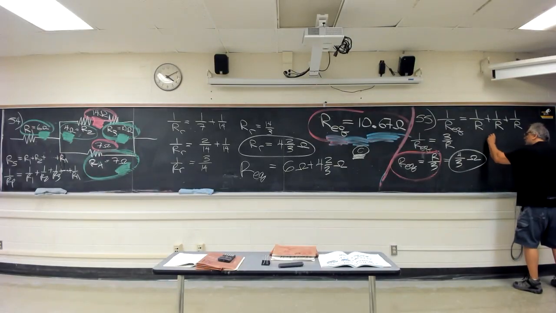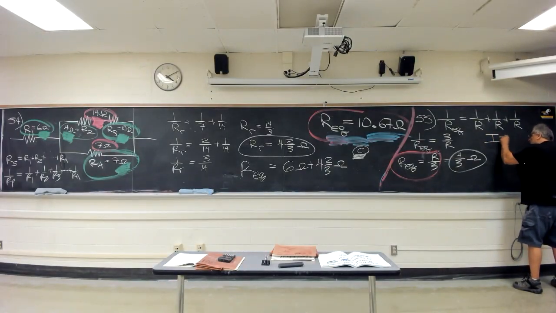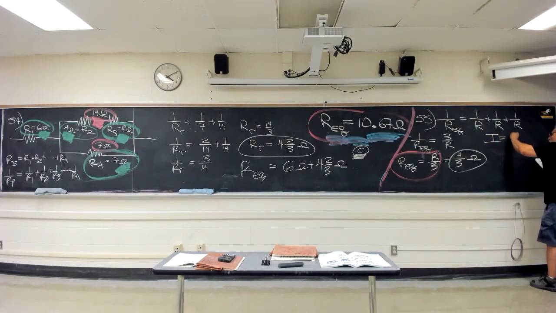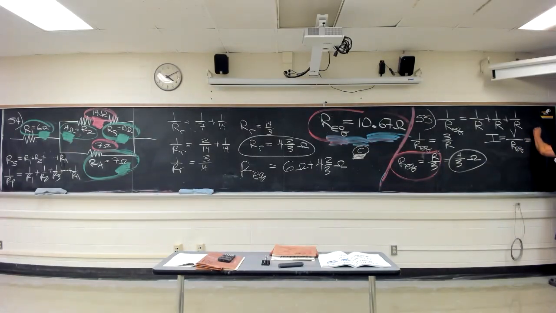The amount of current entering and leaving is equal to the potential difference divided by the equivalent resistance. It is 10.4 divided by 4/3, which is 1.333 going on forever. Let me just write it as 4/3. Here's 4/3, here's 10.4.